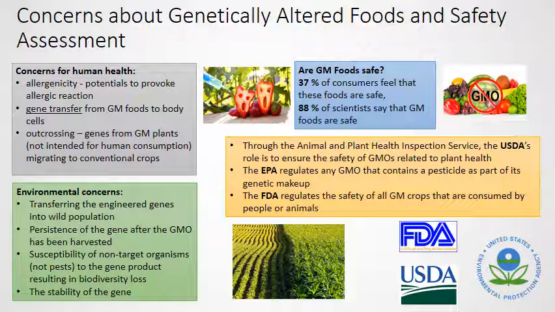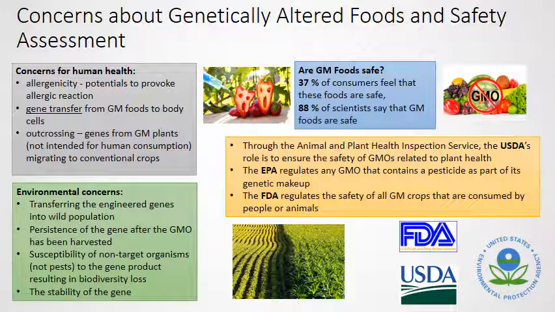So the question is, are these foods safe? Only 37% of consumers feel that these foods are safe. However, 88% of scientists say that genetically modified foods are safe. As I mentioned before, genetically modified foods are regulated by all three federal agencies.